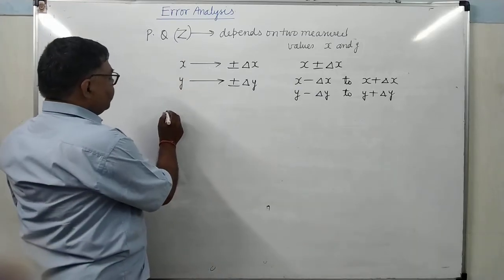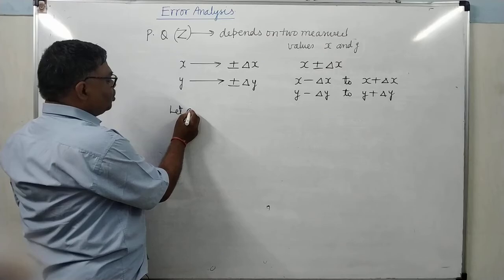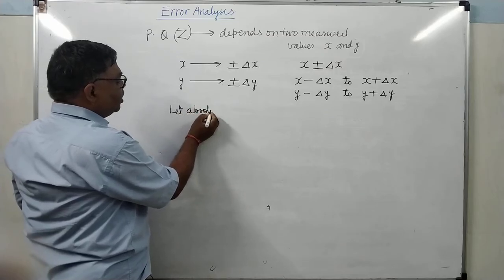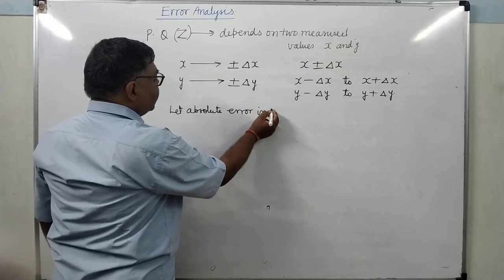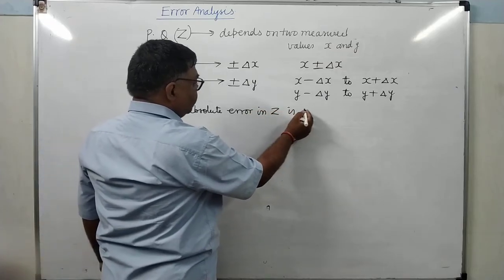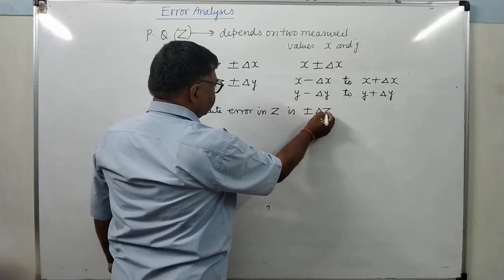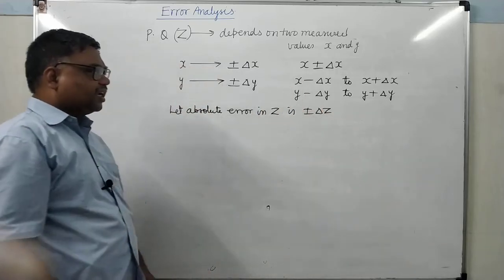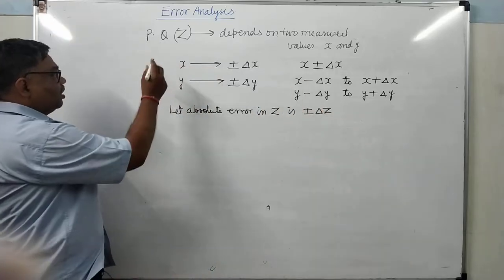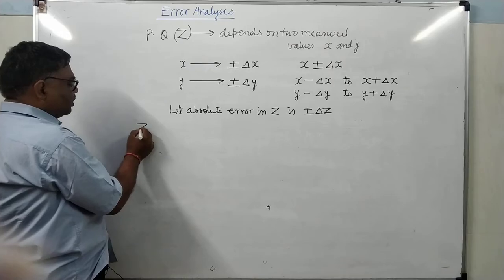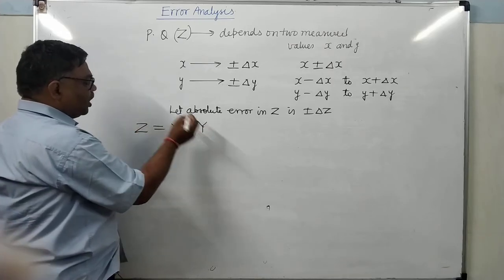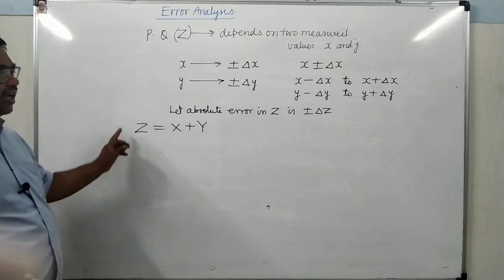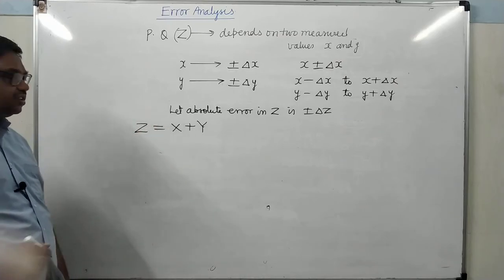Let the absolute error in z be plus minus delta z, or simply you can write delta z. So let z be obtained by using this relation, z equals x plus y. Here z has been obtained by using this relation.